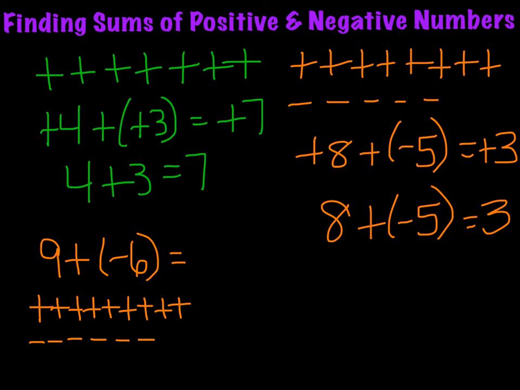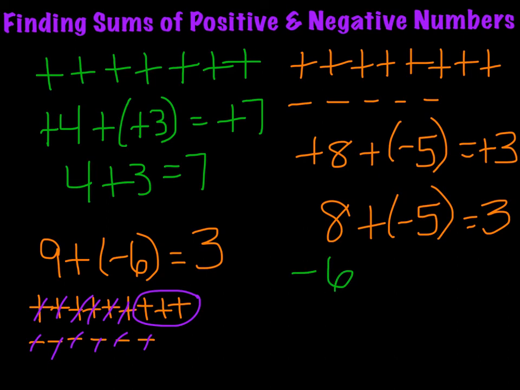Then, just for my sake, I am going to cross out 6 positives and 6 negatives from each row. As you can see, I am left with 3 positives, making the answer to this question 9 plus negative 6, positive 3.